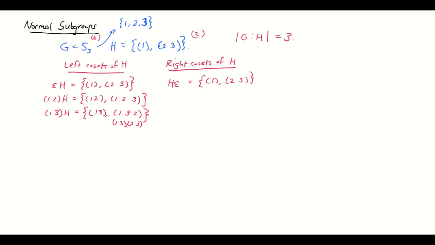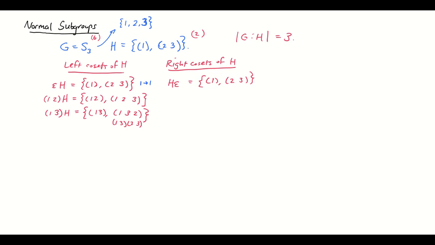The left cosets, each of them has something in common. Like each left coset has a special property with respect to the action of S3 on {1, 2, 3}. If you look at the subgroup H itself, those are the two permutations that fix the number 1. So this sends 1 to itself. And then the second coset, these are the permutations, each of which sends 1 to 2. You'll notice this first one sends 1 to 2.